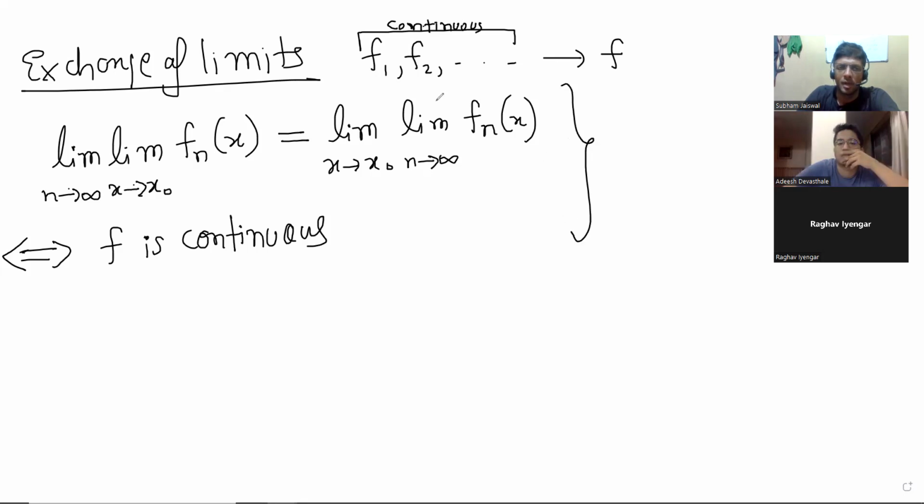Yes, sir. Maybe Adish, you can expand on what the left hand side means.